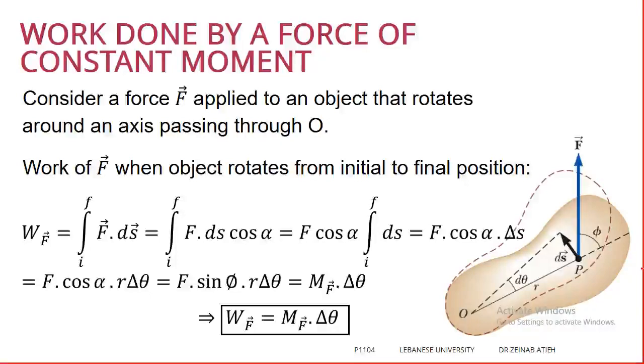So I will get the integral, the work equals F dot ds. ds is the distance traveled by the object during the rotation. And so you can see here that ds cosine, it's F dot ds. This is ds, the distance traveled or displacement. Sorry, let me call it a displacement.